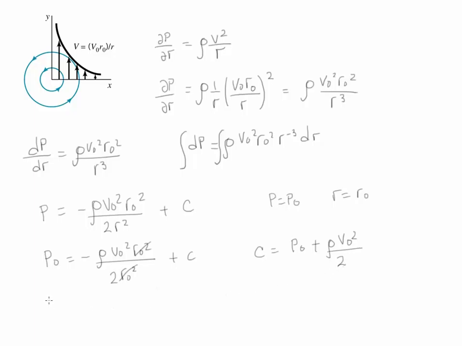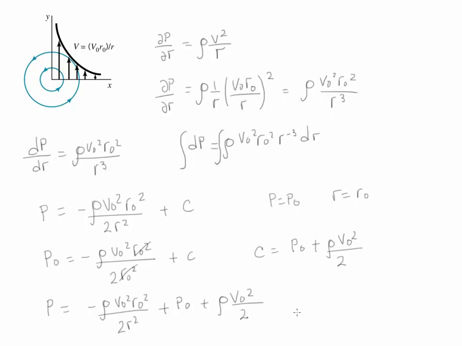We substitute into the original equation, therefore p becomes minus rho v0 squared r0 squared divided by 2r squared plus p0 plus rho v0 squared divided by 2.